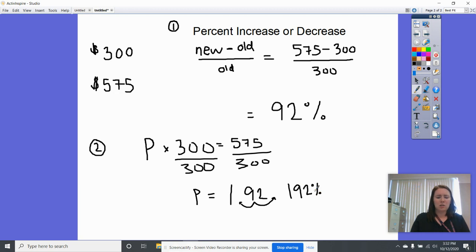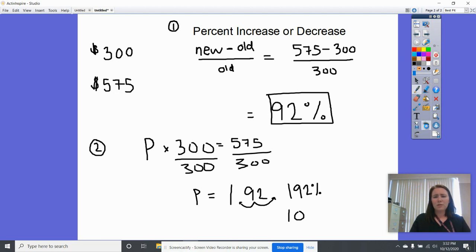But wait a minute, we did not get the same thing. Well, remember I told you this formula gives you the correct answer. But if we're using this strategy, we have to do one more step. And that last step is we have to do 100 minus, well, I was actually going to do 100 minus 192, but I realized that that's wrong because this number is bigger than 100.